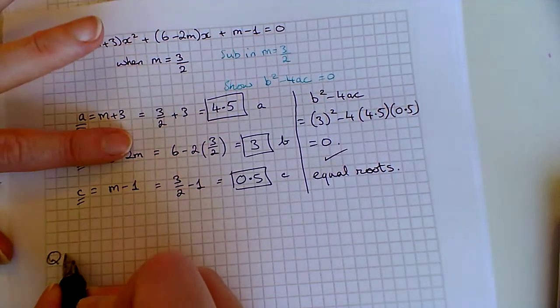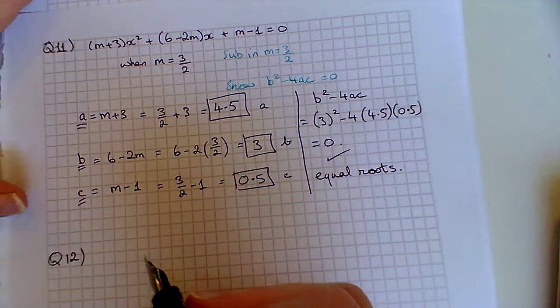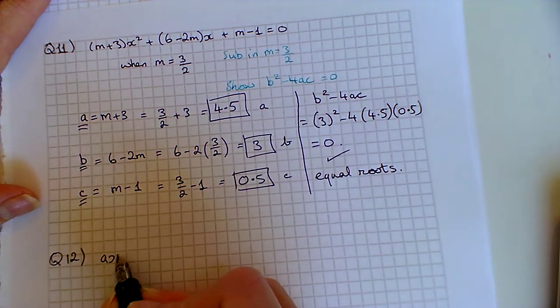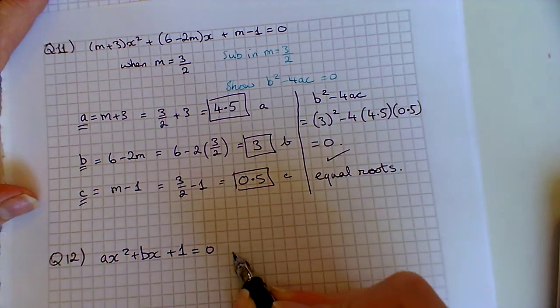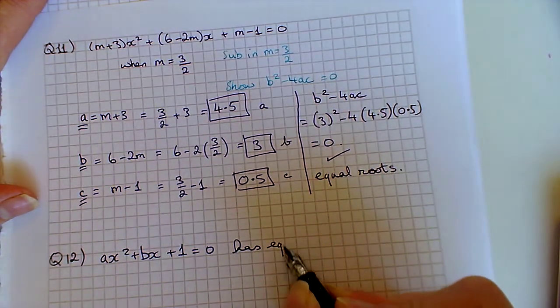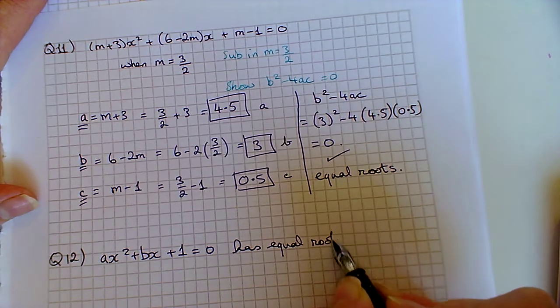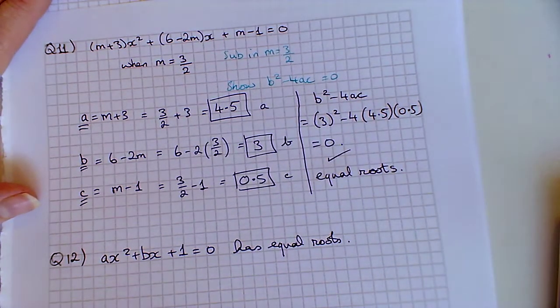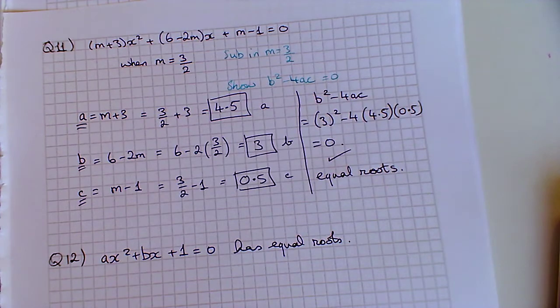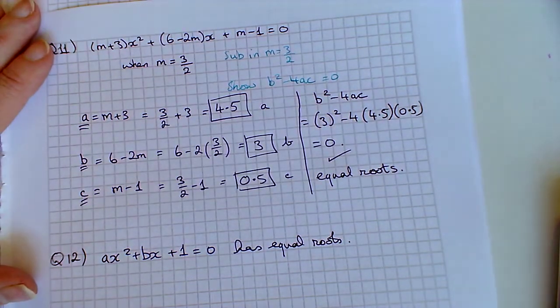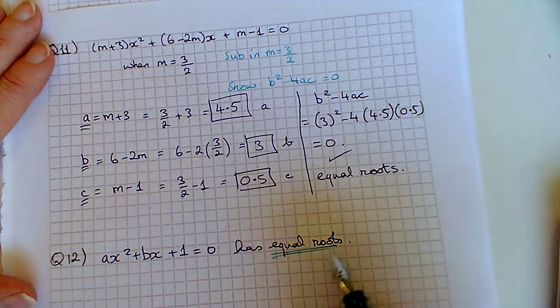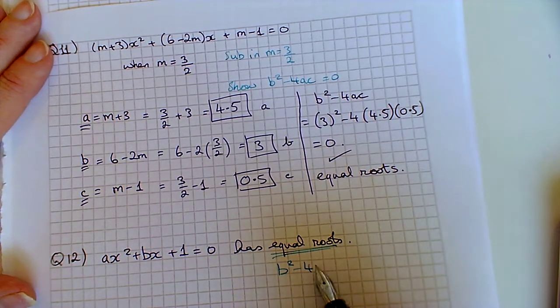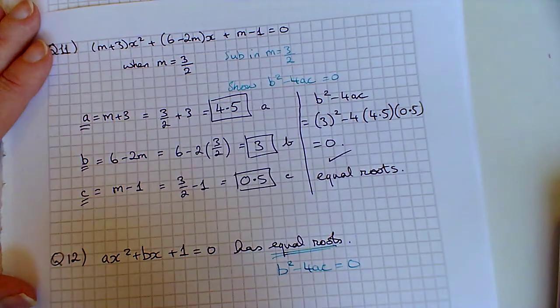Let's look at question 12. The equation ax squared plus bx plus 1 equal to 0 has equal roots. And they want us to express a in terms of b. It has equal roots. So as soon as you see equal roots, that means b squared minus 4ac is equal to 0. A, b, c.